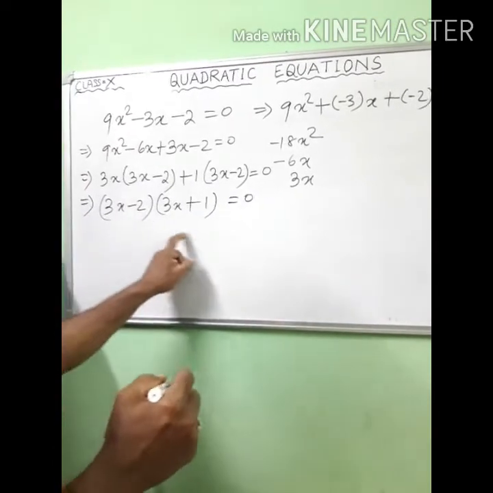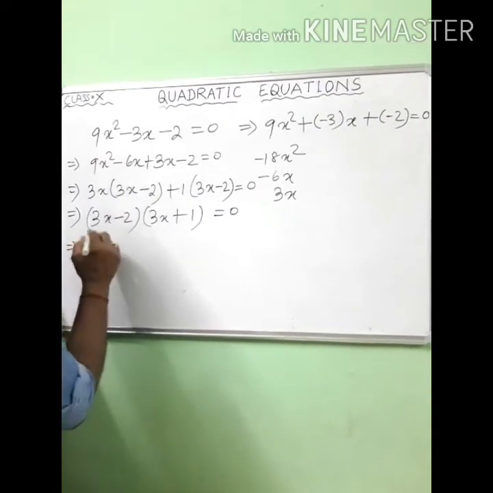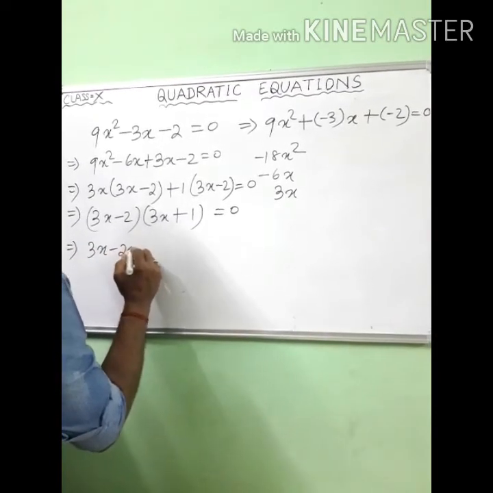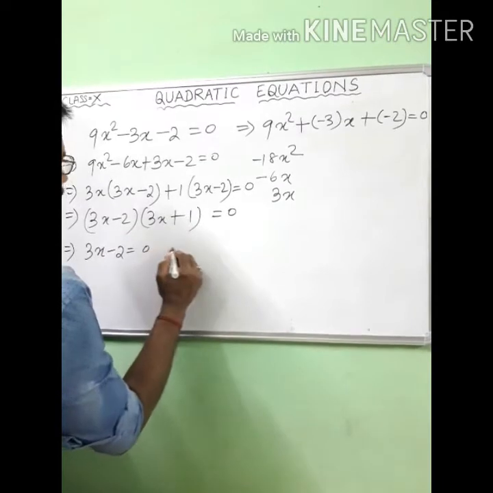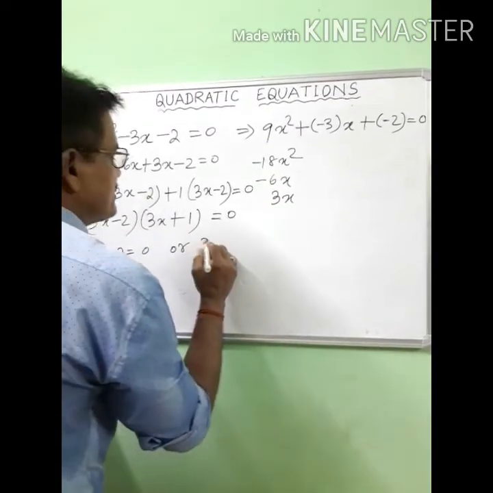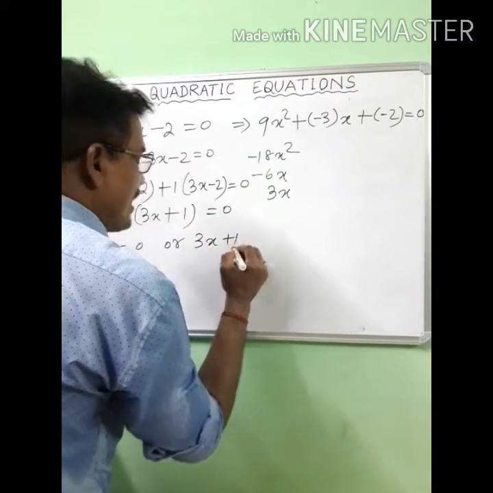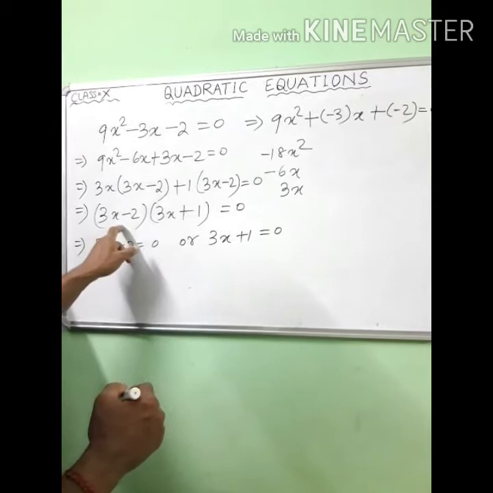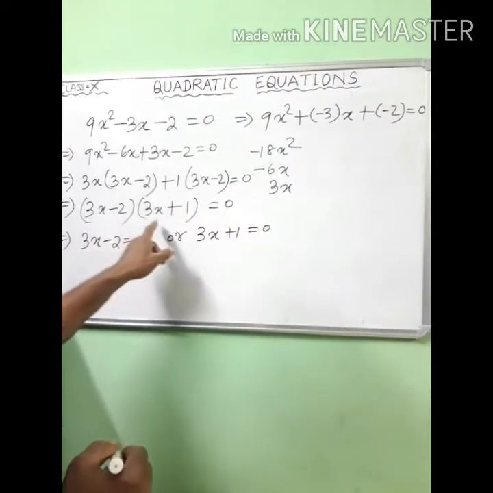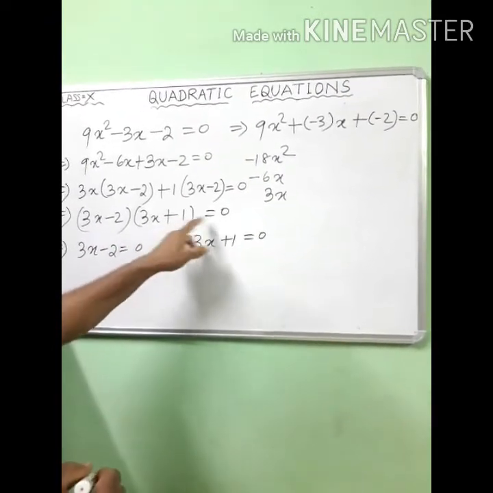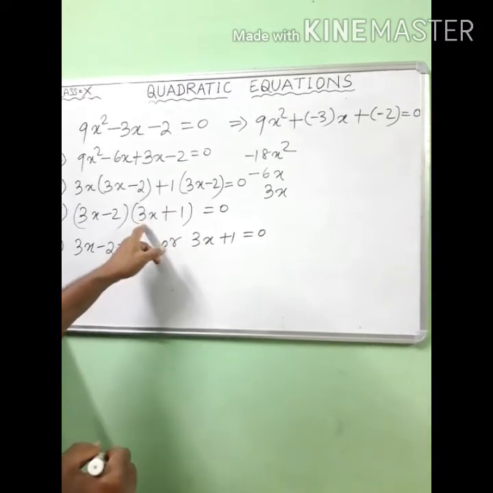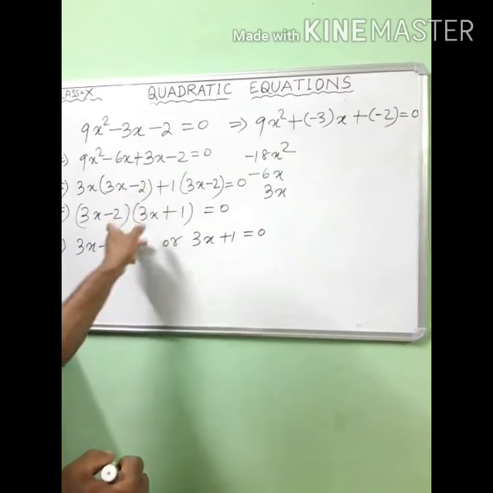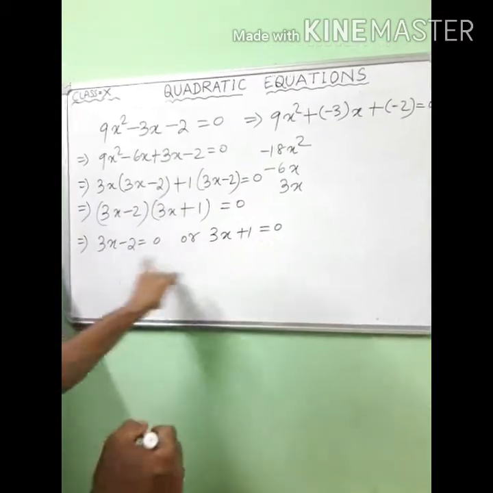So here are two factors. 3x minus 2 is equal to 0, or 3x plus 1 is also equal to 0. Because 3x minus 2 is equal to 0 by 3x plus 1, which is 0, or 3x plus 1 is equal to 0 by 3x minus 2, that is 0.